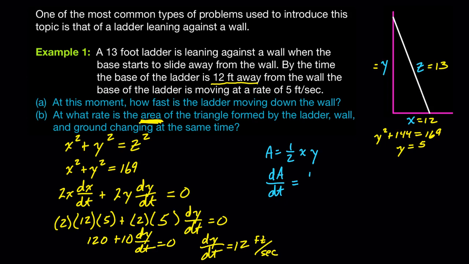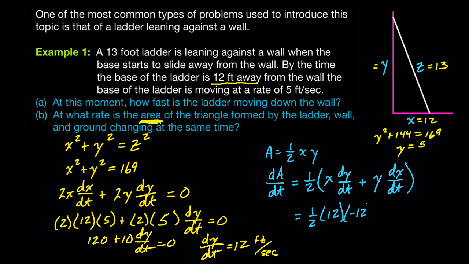dA/dt would equal 1/2, product rule here, x times dy/dt plus y times dx/dt, where x is 12, dy/dt is negative 12, y was 5, and dx/dt was also 5.